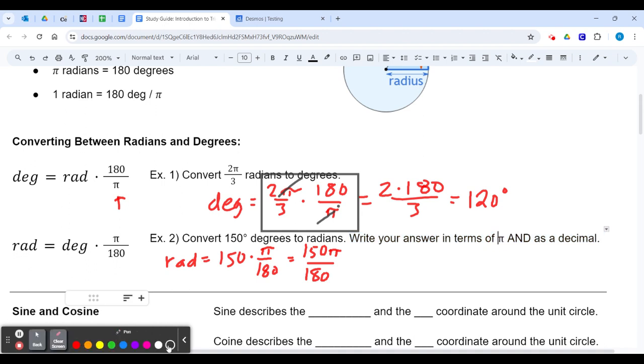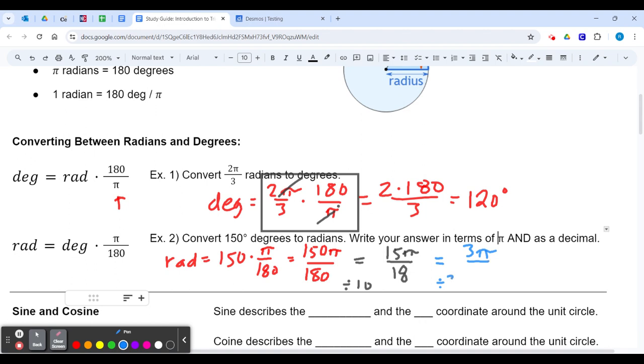So what we can do then is divide out numbers that work in the top and bottom. I can divide out 10 from the top and bottom, so I get 15 pi over 18. This was a divide by 10. In my next step here, I can't divide out 5, sorry.